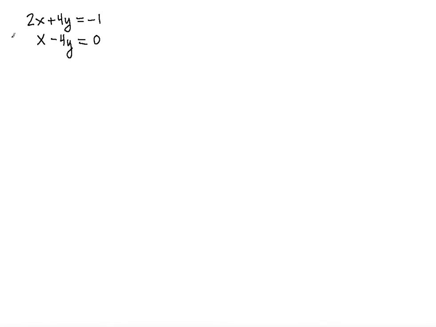So let's add these two equations. We will have 2x plus 4y plus x minus 4y is equal to negative 1 plus 0. Notice that when I'm adding the equations, I'm abiding by the strict rule of adding respective sides of the equation.